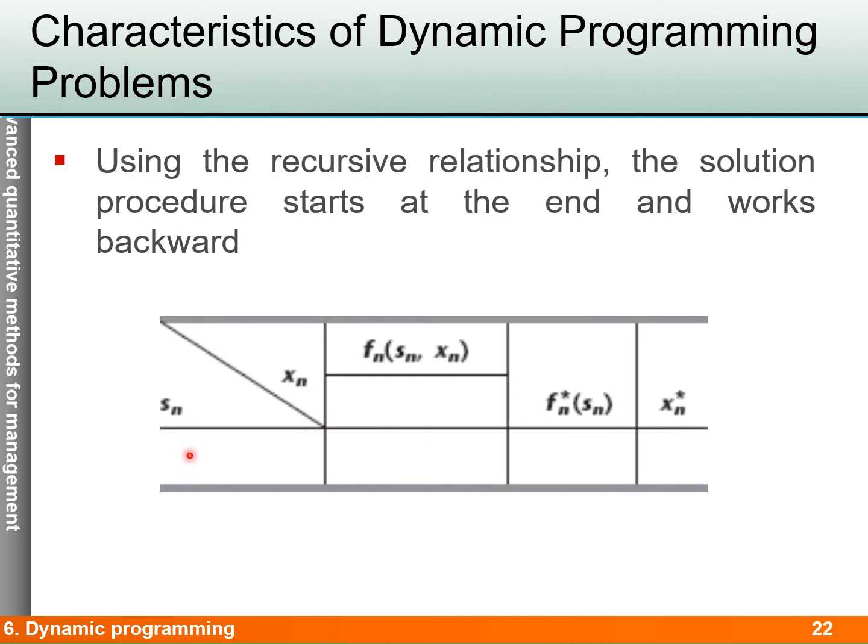The Sn, the remaining, the Xn is the decision between these items. This formula of Fn, Sn, and Xn that I told you will change based on the dynamic programming problem, and this optimal solution could be minimum or maximum, and this X star n shows from what point it comes. In the next slide, we start the concept of deterministic dynamic programming problems.